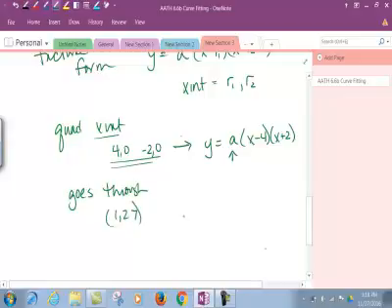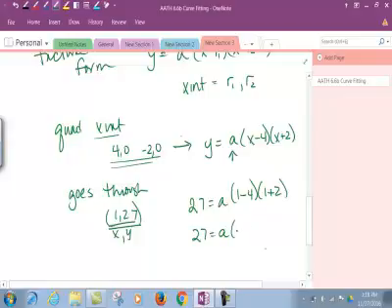And now we can solve for a by simply plugging the x and the y into this equation. So here we go. y is 27, a is a, and in place of x we're going to put 1. Okay, that's easy. So 27 equals a times (negative 1 minus 4), which is negative 3, times (1 plus 2), which is 3.